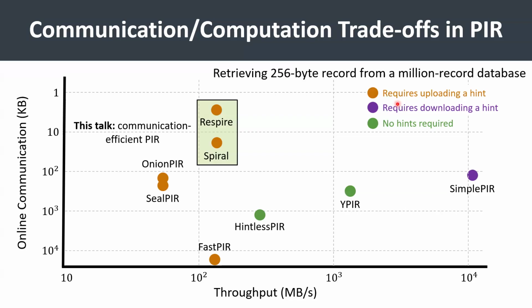Fine. My understanding is that the extreme ends of this graph, in terms of throughput and communication, are basically reflective of the current state of the art. I'm not aware of any protocol that's faster than simple PIR. Maybe you can get a little bit more communication out of it, but not by a significant margin.